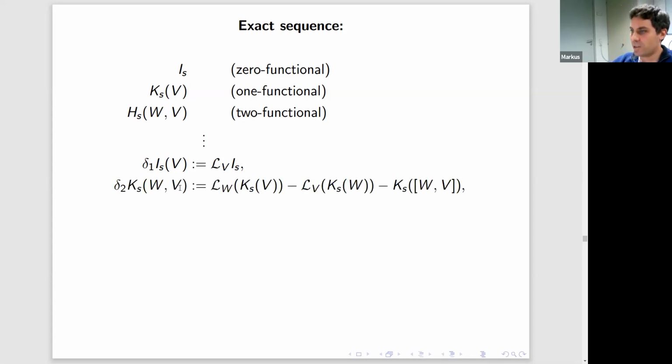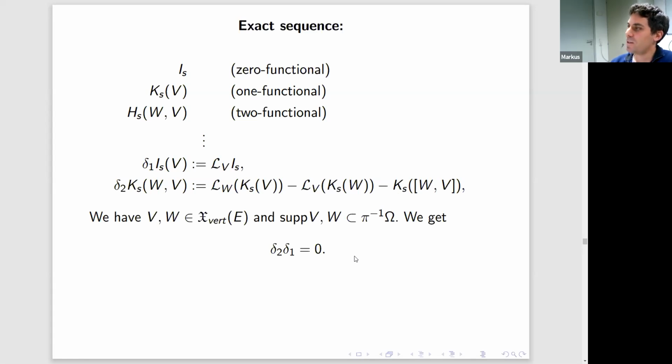And also for one functionals, we can define such an exterior operator by this formula. I think this is also known to people. You first plug in the vector field and then you apply the Lie derivative and so on, and you have also the commutator involved somehow. So it's exactly the same as for differential forms, for one forms, to define the exterior derivative.